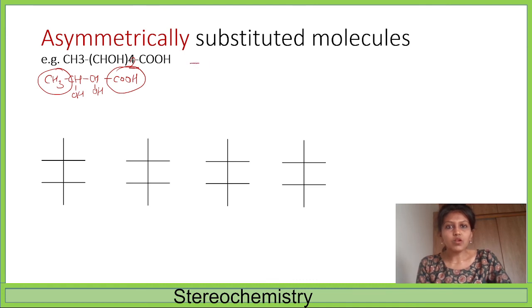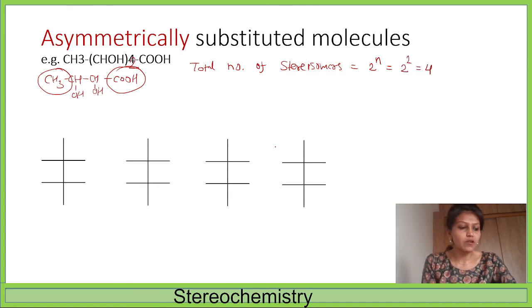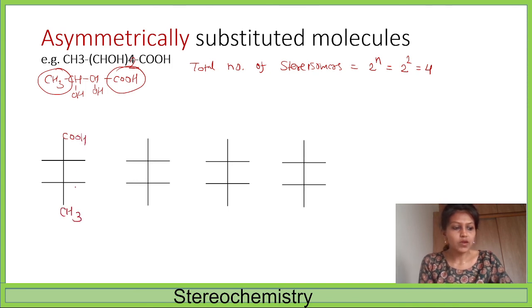we know that the total number of stereoisomers is 2 raised to n, that is 2 raised to the number of chiral centers, where 2 chiral centers are present. Okay, so firstly one by one, so this is COOH and CH3, right?